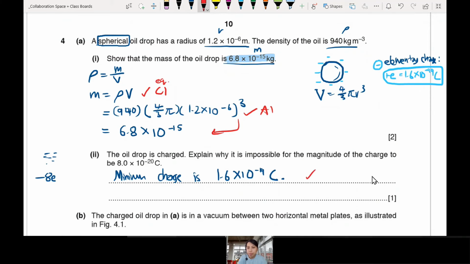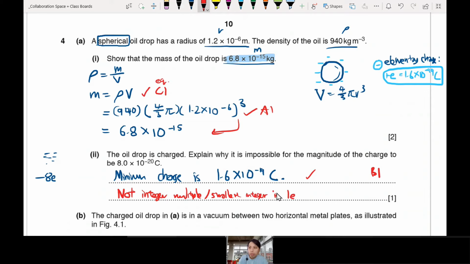So if you say the charge is too small, that doesn't really hit on the point that charge is quantized. Other possible solutions, maybe you can say it's not an integer multiple of e. What else can I accept? Smallest integer is 1, so 1e.